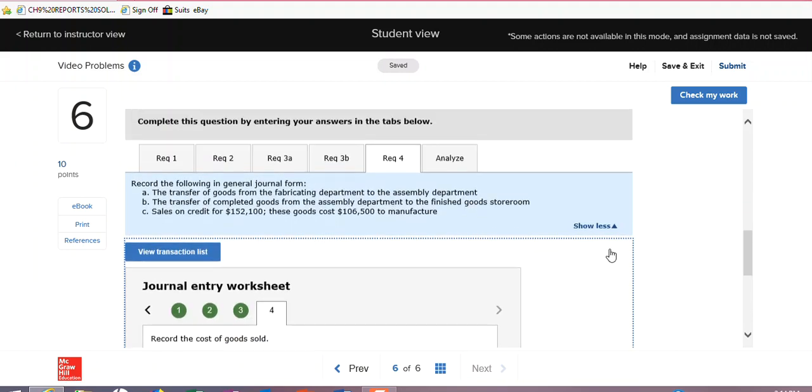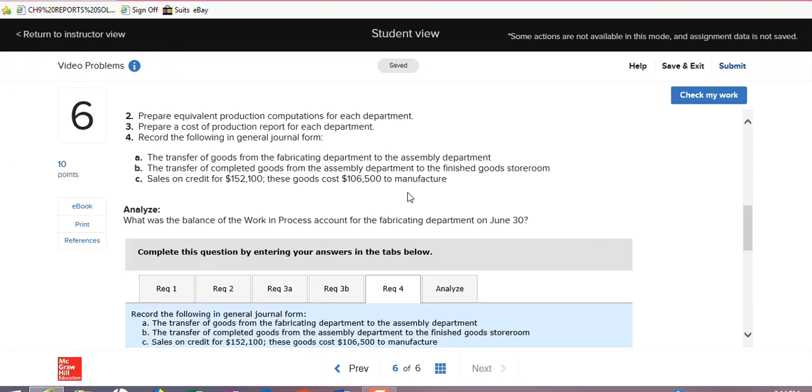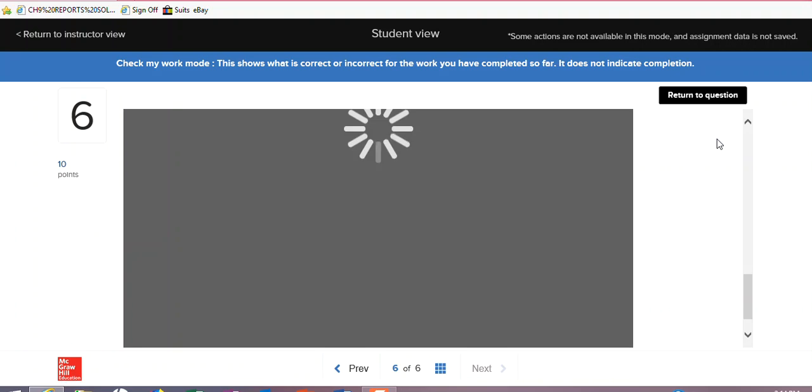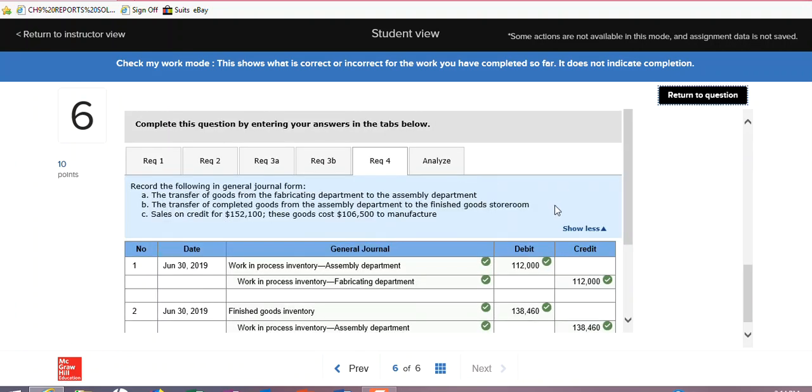Up here it says these goods cost $106,500 to manufacture. So you didn't have to calculate that. They gave it to us. So that's 4 journal entries. Yours looks something like this.